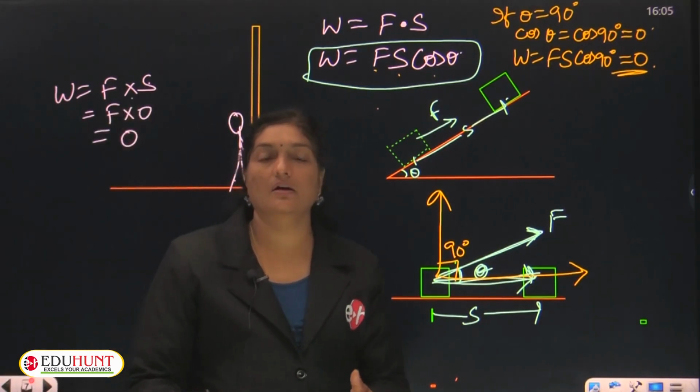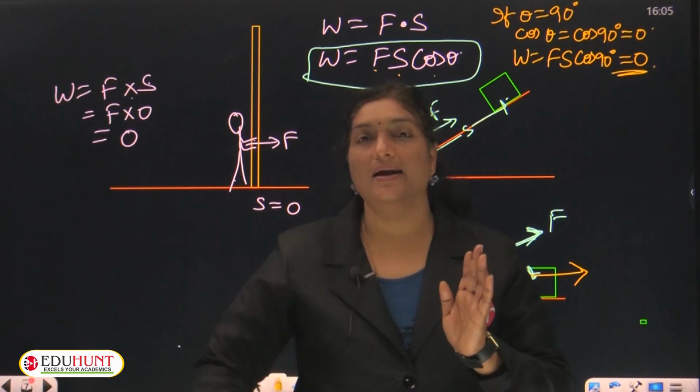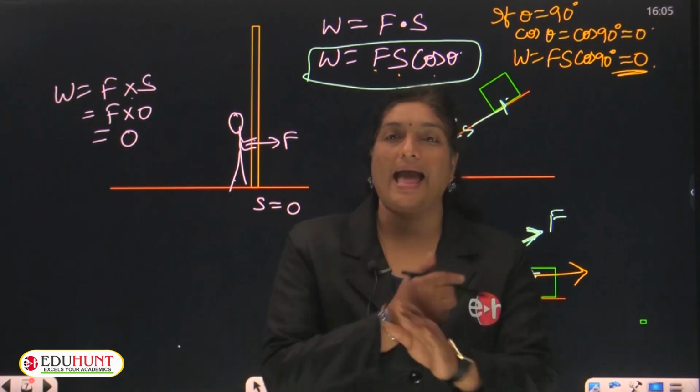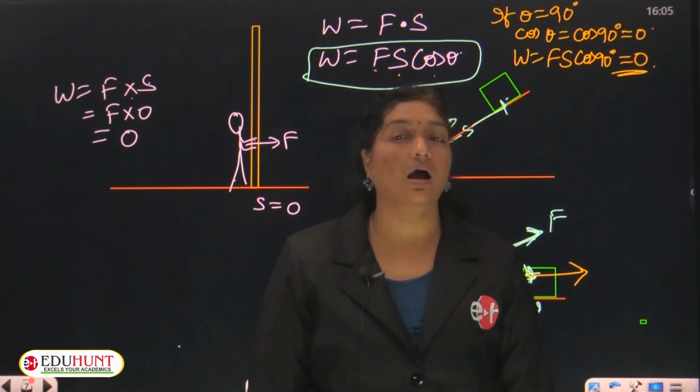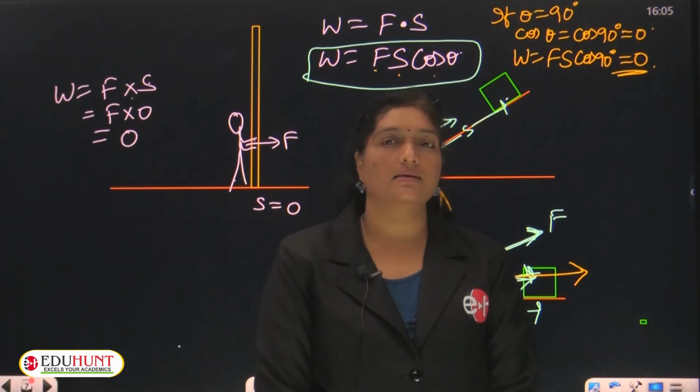So, whenever the direction of the force applied and the displacement of the body are perpendicular to each other, at 90 degrees, the work done is considered as 0.